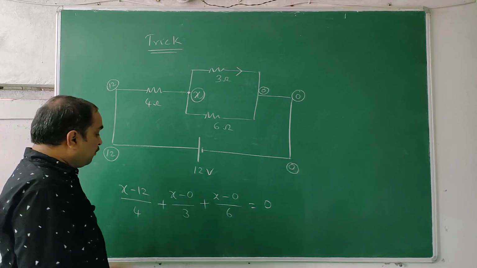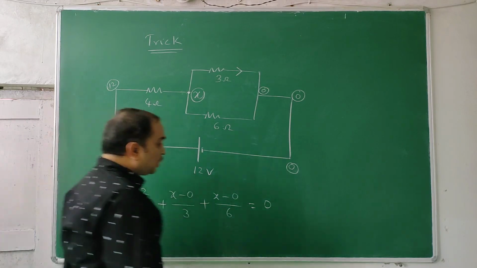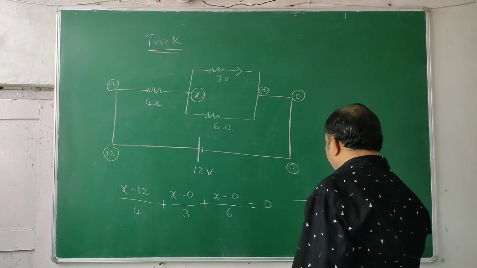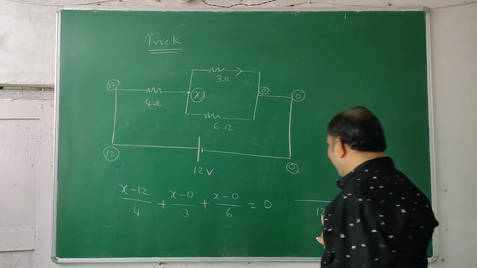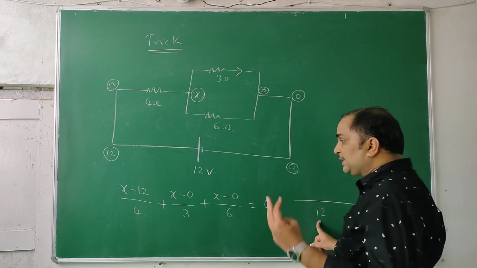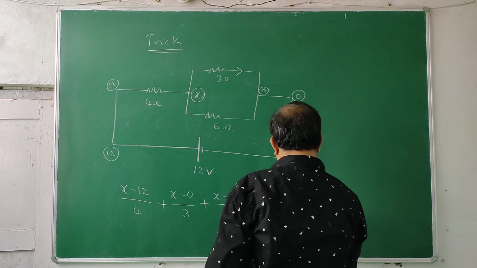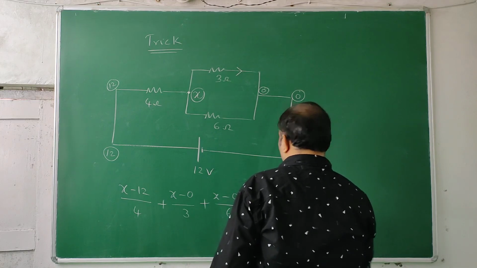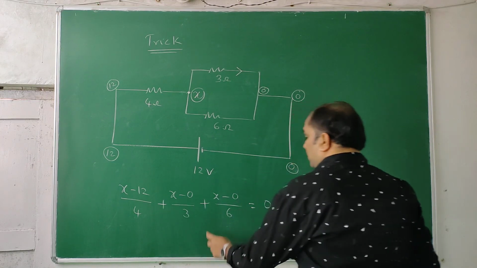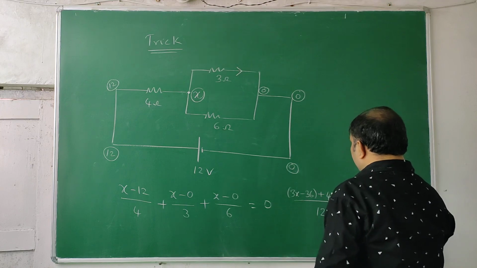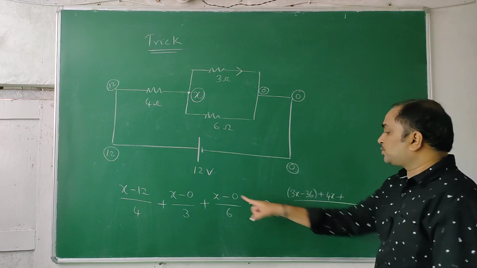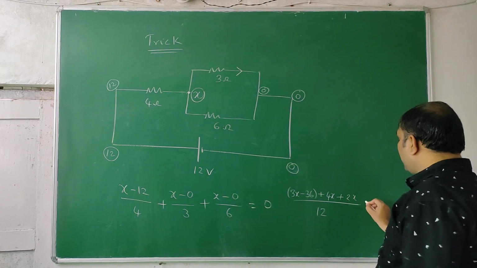And now find X. So take the LCM. For 6, 4 and 3, 12 is the LCM. 4 goes 3 times in 12, so 3 times (X minus 12) is 3X minus 36, plus 3 goes 4 times, 4X, plus 6 goes 2 times, 2X, equated to 0.